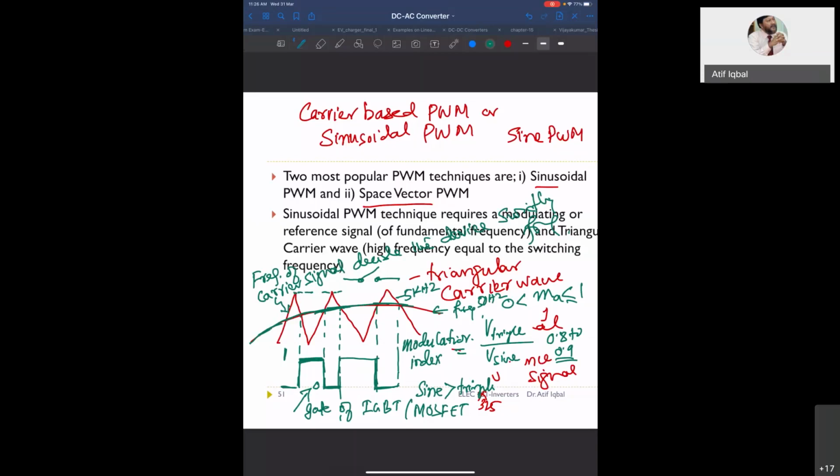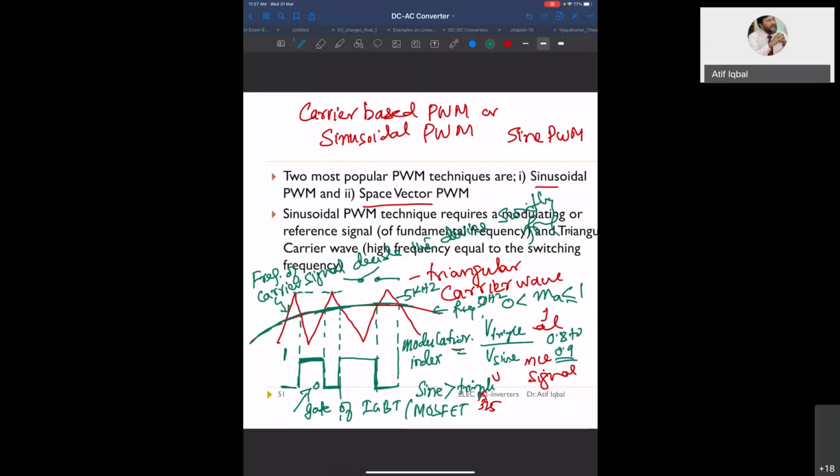If you want your output fundamental frequency to be 25 hertz, then you have to keep the frequency of the modulating signal 25 hertz. So just by controlling the frequency of the sine wave, you can control the output voltage frequency. By just controlling the magnitude of the sine wave, you can control the magnitude of the output voltage.